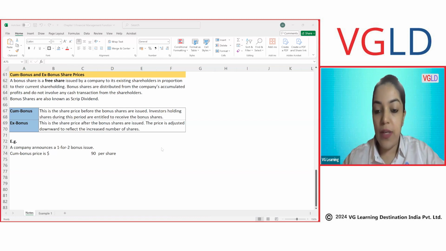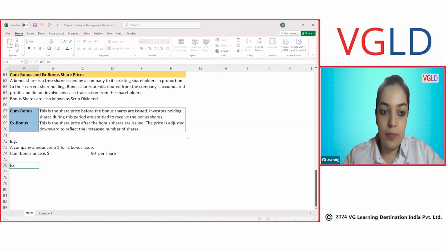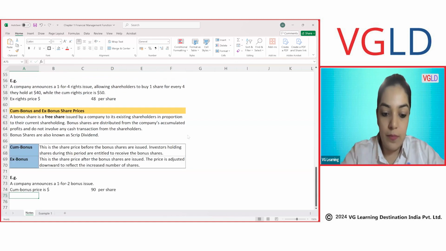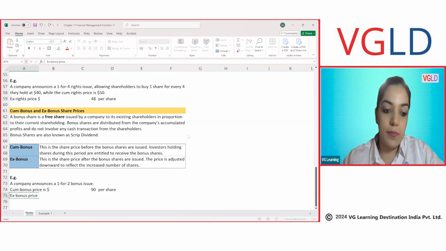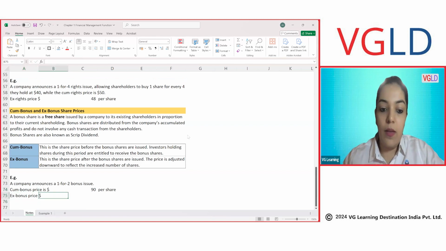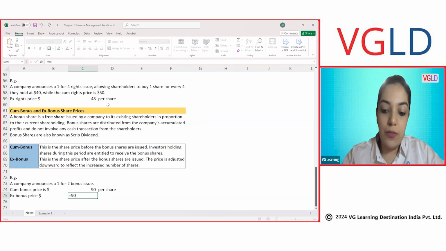So can I say, what is the ex bonus price? It will be what? Let's apply a similar formula here.